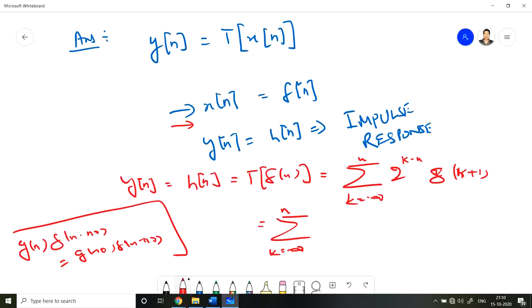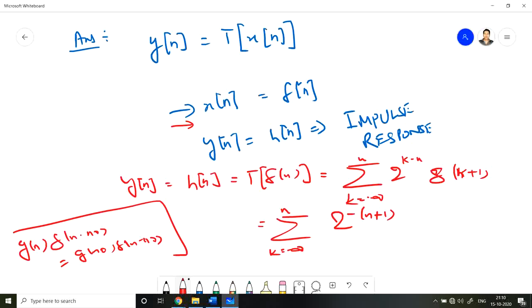The delay we are getting here is minus 1, so it becomes minus n plus 1, because k is equal to minus 1, so we take the minus 1 common.